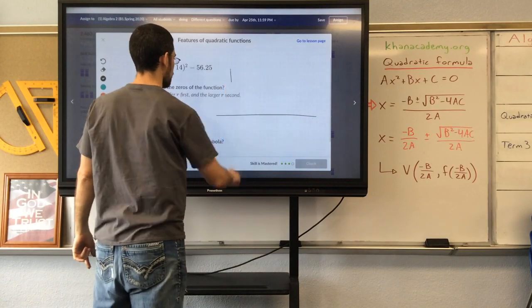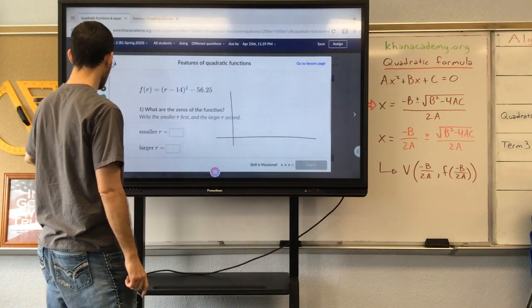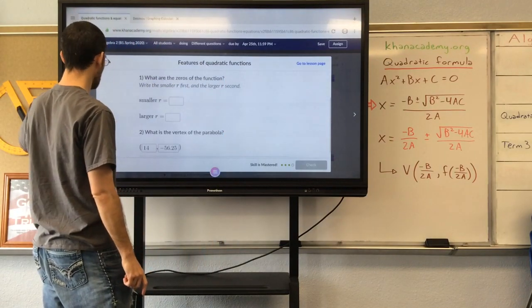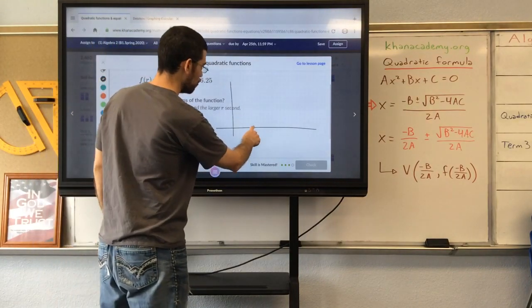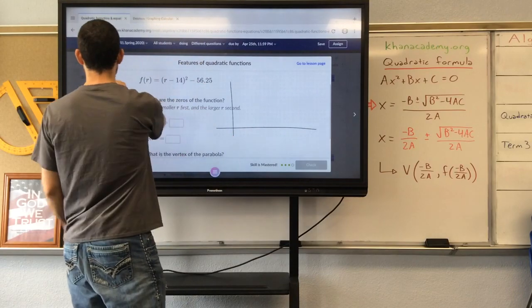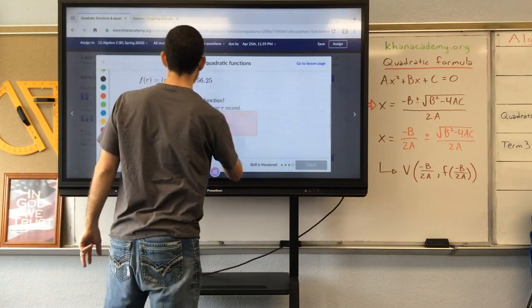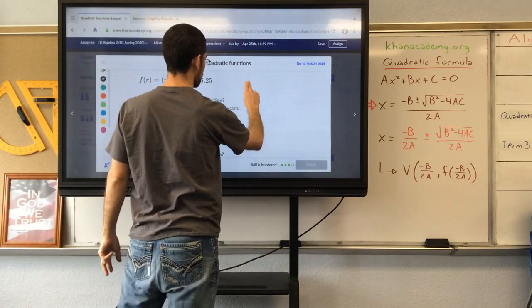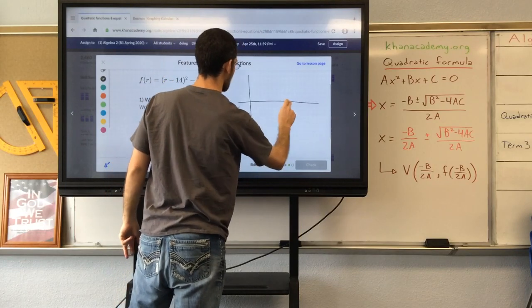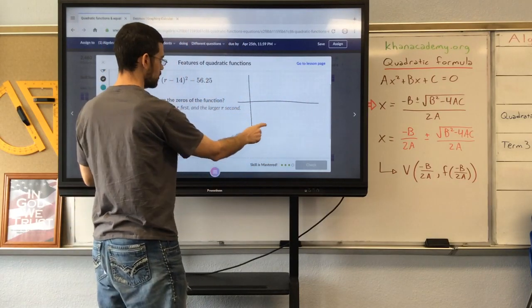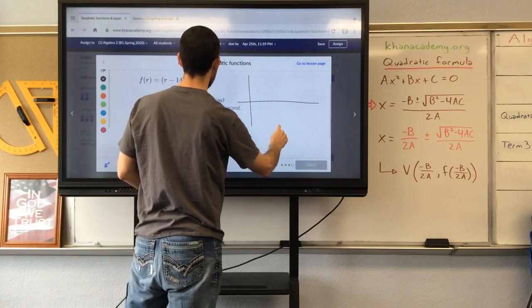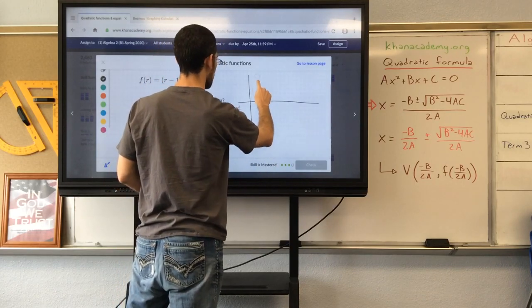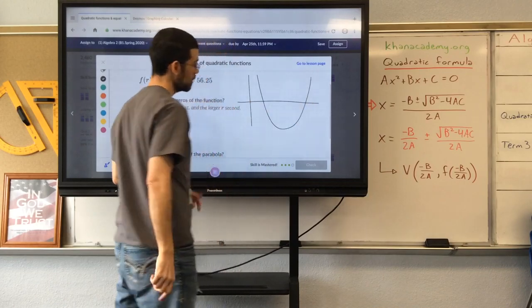So if this is our y-axis, then we know we're below the x-axis. Better give myself some room. Here's our x-axis, y-axis. Our vertex is positive 14, negative 56.25. So we're going to look something like this.